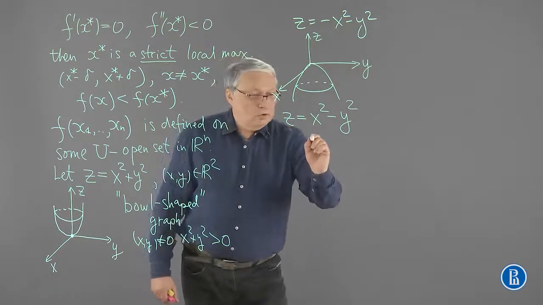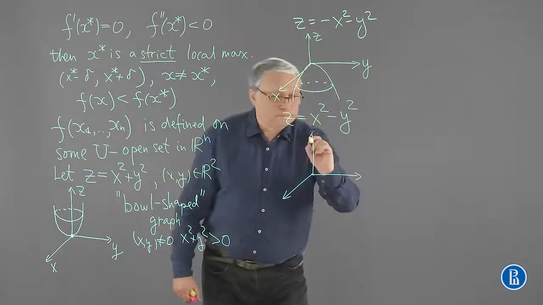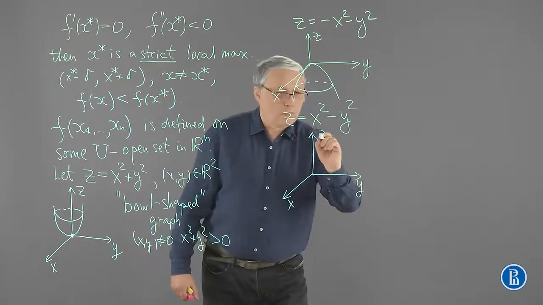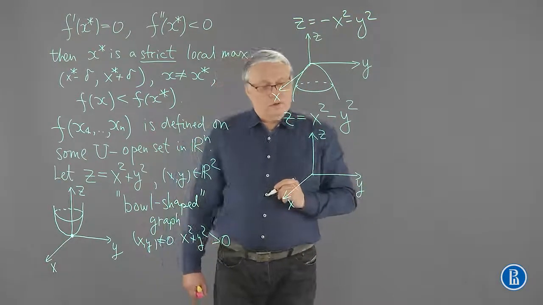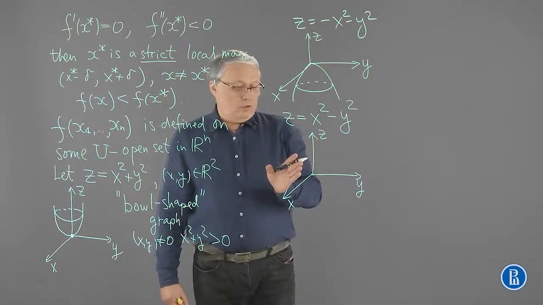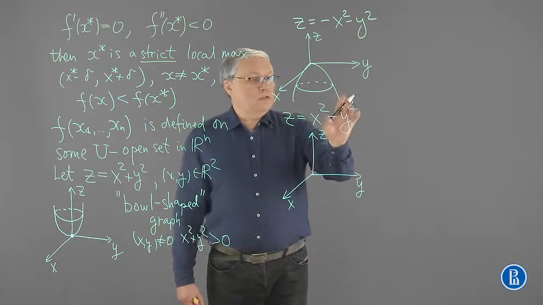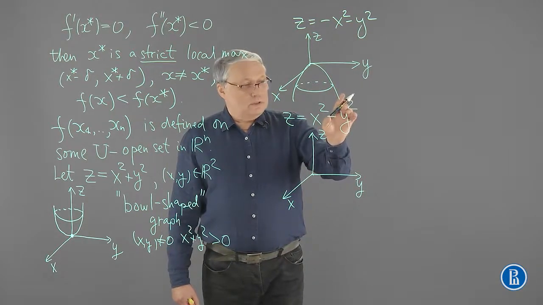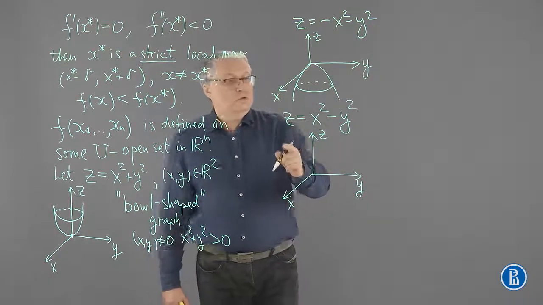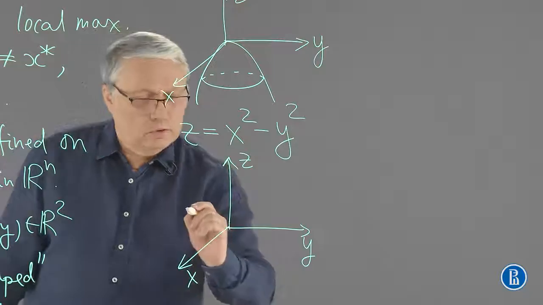So in order to draw the graph for this function, let's cut this surface by the coordinate plane. Let's consider that y equals 0. Then this term turns 0, and all we have to do, we have to draw the parabola which faces upward.